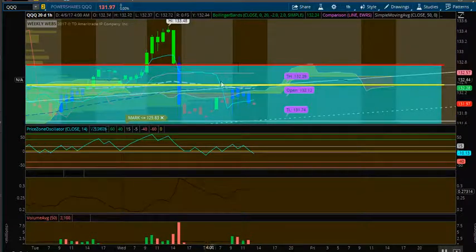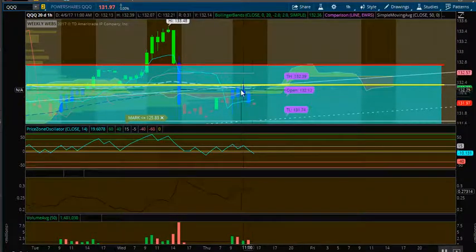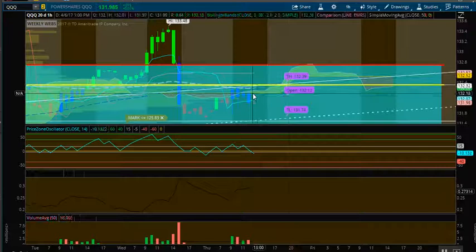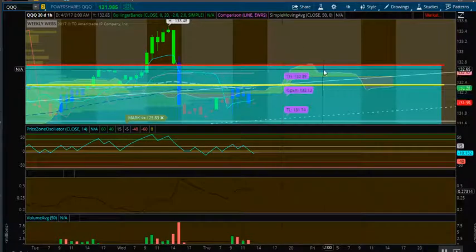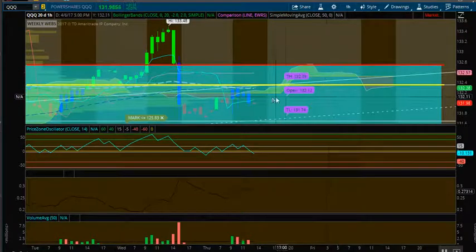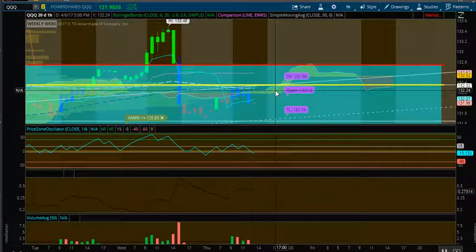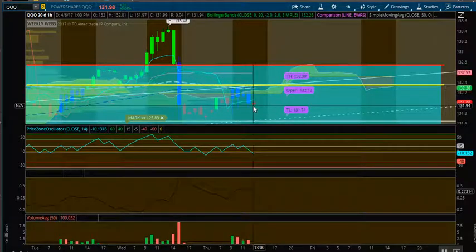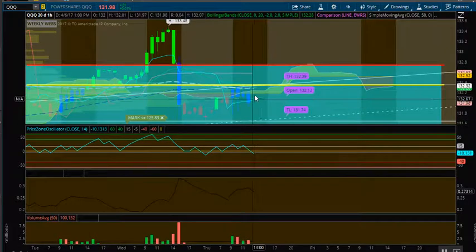And what was really alerting me today on the Qs, we are below the 1 hour, but we do have a bullish 1 hour cloud scenario going into the overnight session. So just keep that in mind. We are below on the 1 hour. Just keep a close watch here.